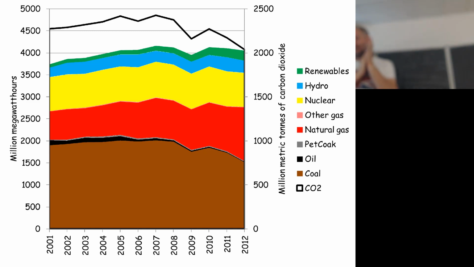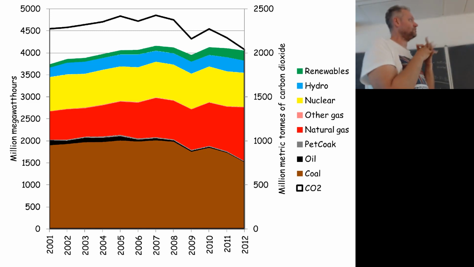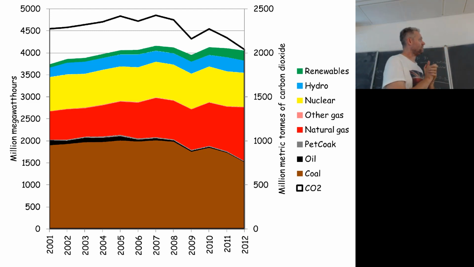And what you see is that not a whole lot has changed in terms of total electricity use. It has gone up a little bit, from 3.7 billion megawatt hours to 4.1 billion megawatt hours.